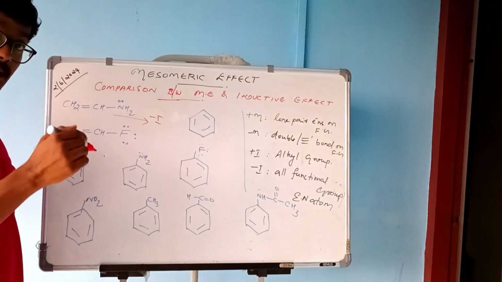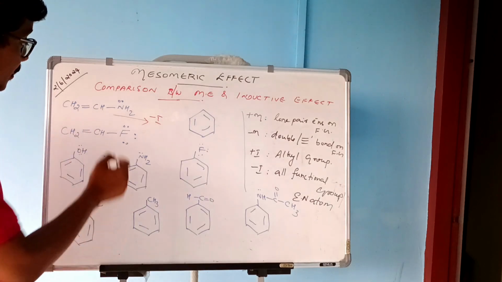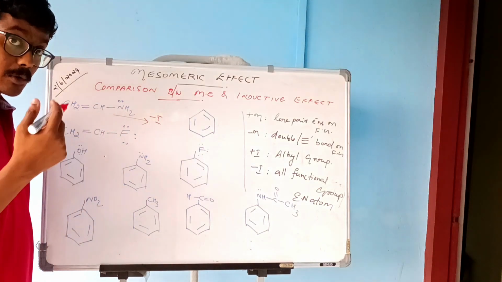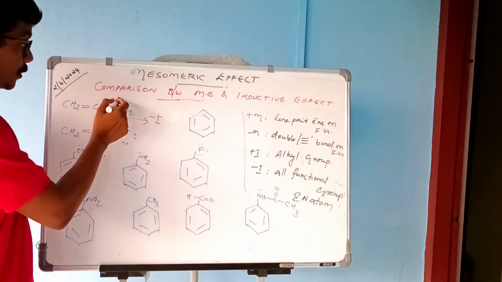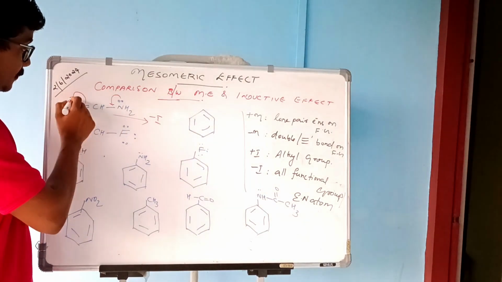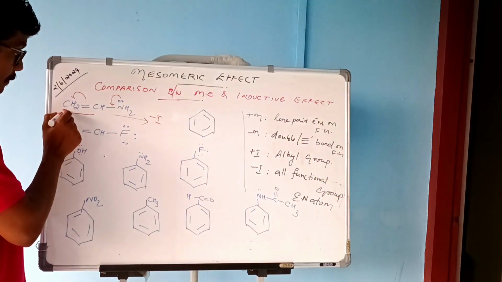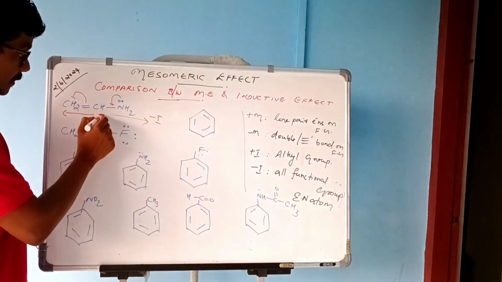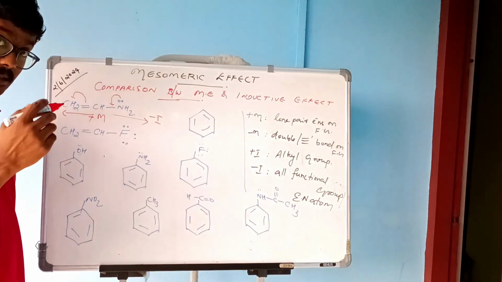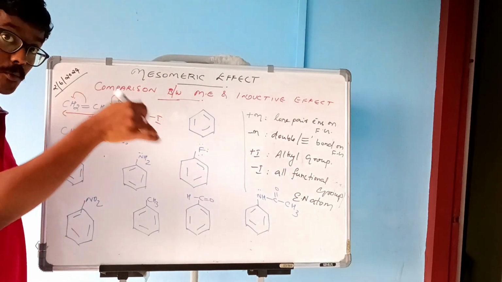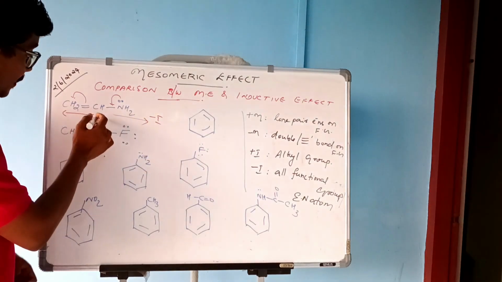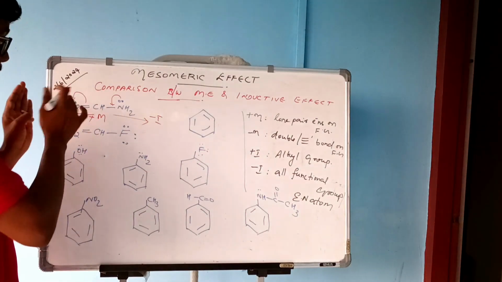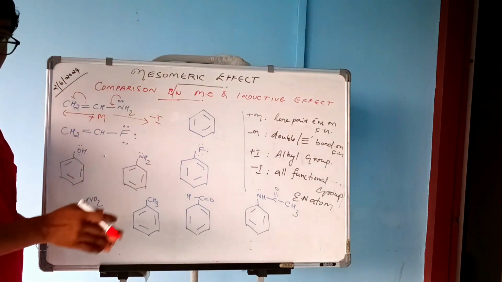And in which direction is the mesomeric effect? The lone pair is more loosely held than a double bond, so we go in this direction. So this is the plus M effect. That is, the lone pair will donate towards the conjugate system. So the plus M effect is in this direction and the minus I effect is in that direction.